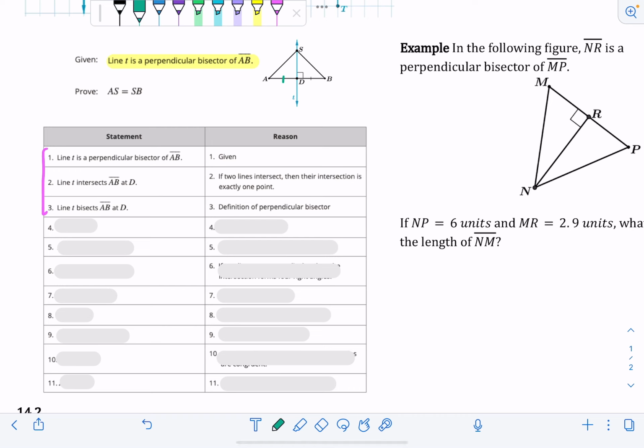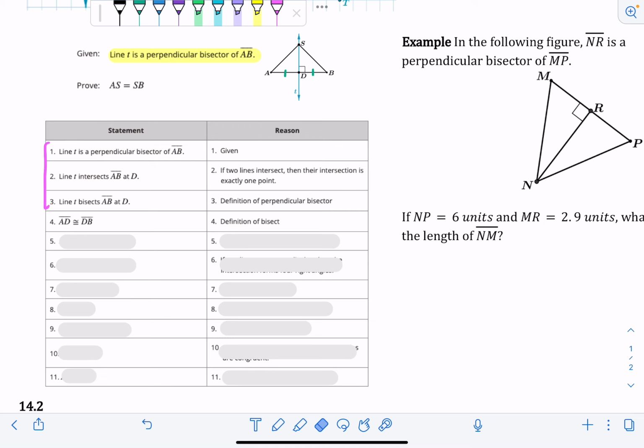There's AD and DB, and those are congruent because that's what a bisector does. So for 4, we can say that segment AD is congruent to segment DB. The reason is the definition of a bisector.